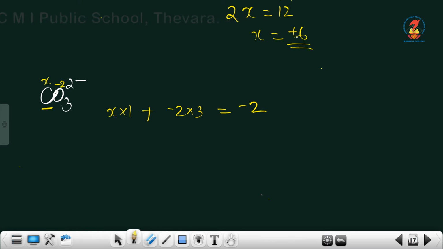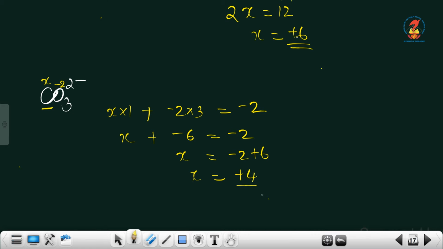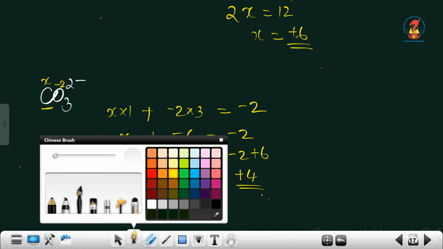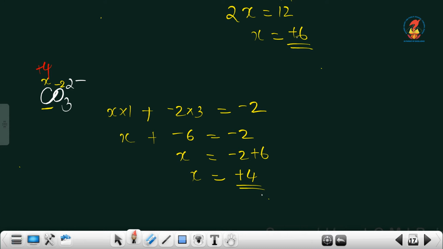The sum should be equal to the overall charge in the case of radicals or complex ions. So x plus minus 6 equal to minus 2. So x equal to minus 2 plus 6. So x equal to plus 4. So the oxidation state of carbon we are getting here is plus 4.